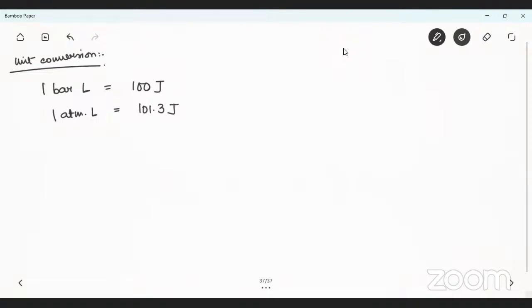For work done, is there anything you want to ask me, or is everything clear to you? Then we will start with heat. The next quantity is heat. Heat is the transfer of energy due to energy difference.